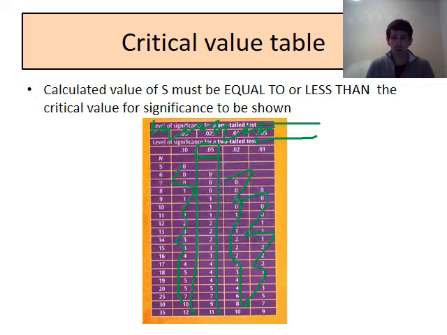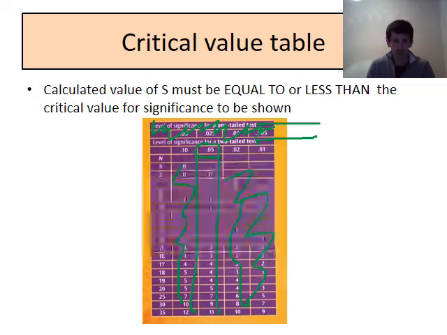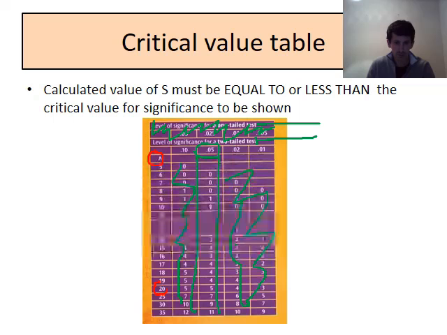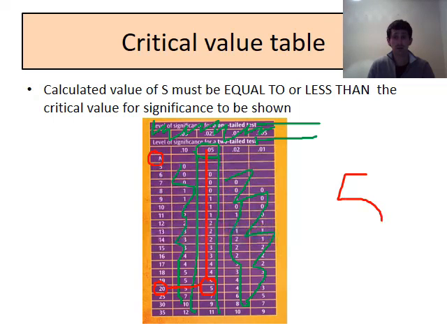We also know that we've got 20 people, so we've got our N column here, number of people, and we've got 20. So we go along here and look at the number that they cross at. We've got P is 0.05, N is 20, and they cross over at the number 5. So our critical value for this is 5.